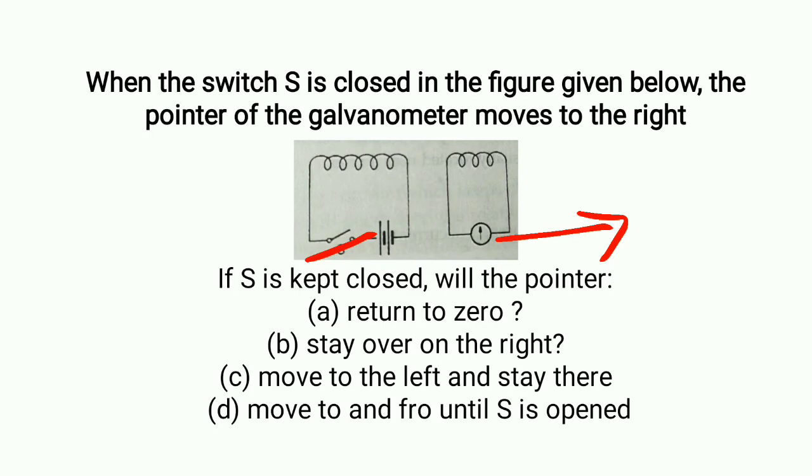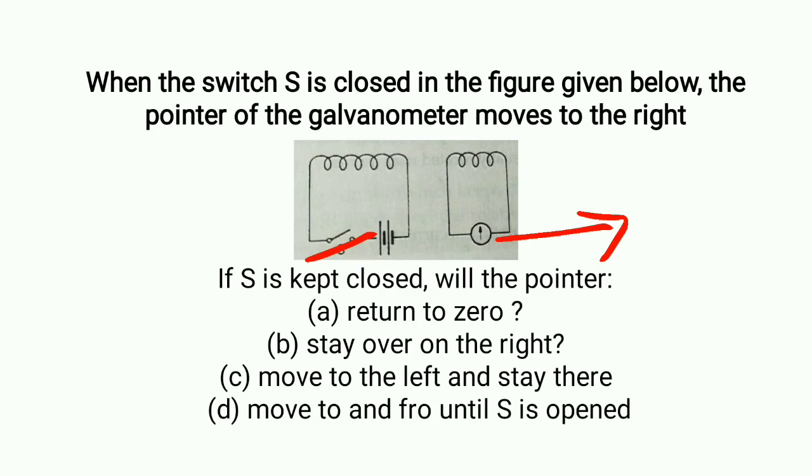When we close the switch S, current flows in the coil. Due to the flow of current in the second coil, the galvanometer moves towards the right. After that, they are asking whether it will return to zero.